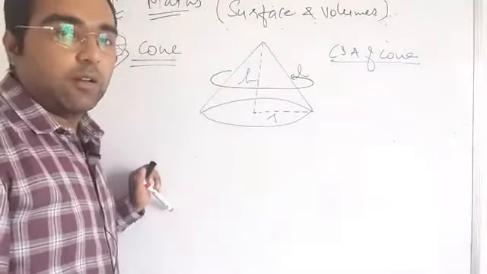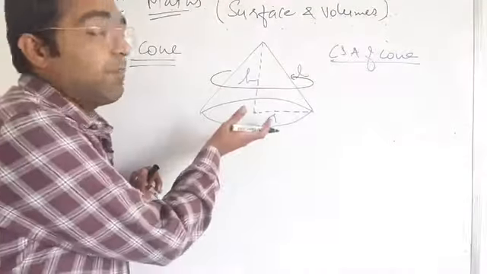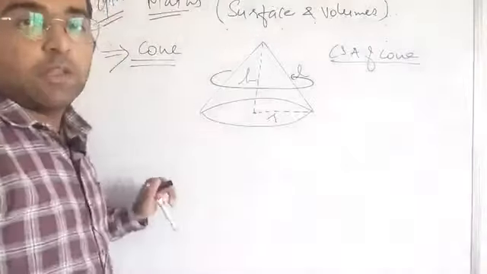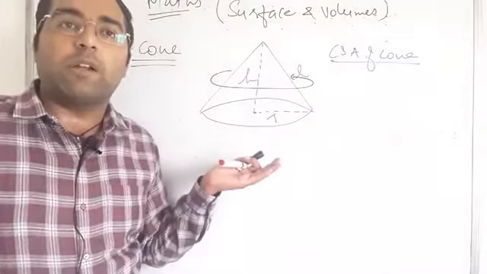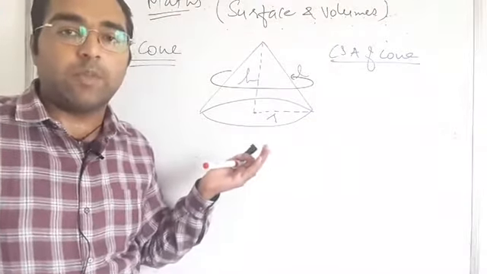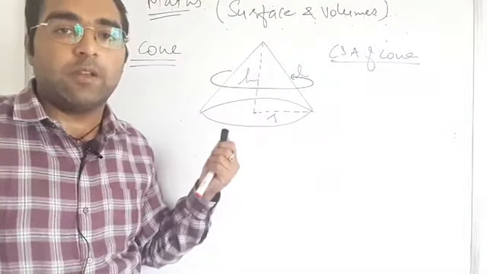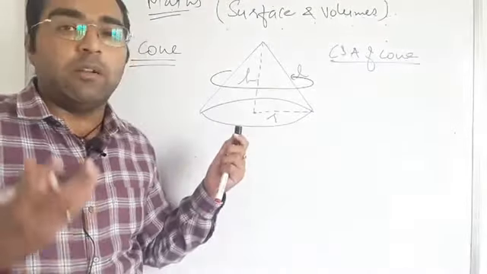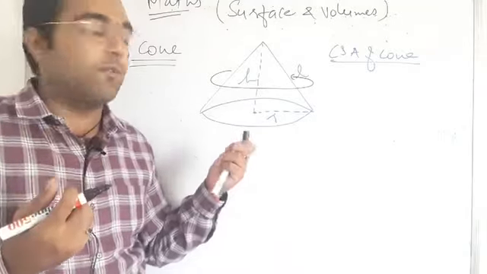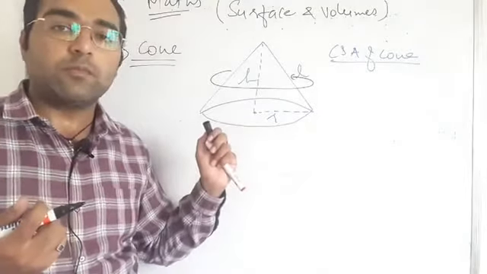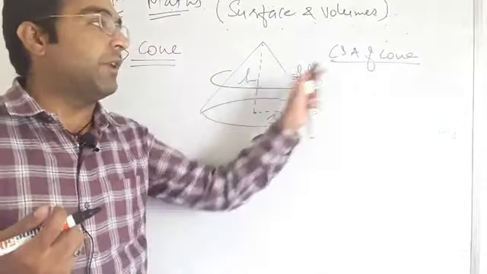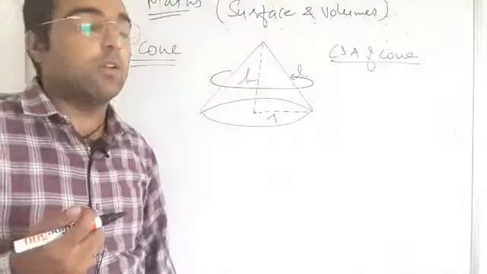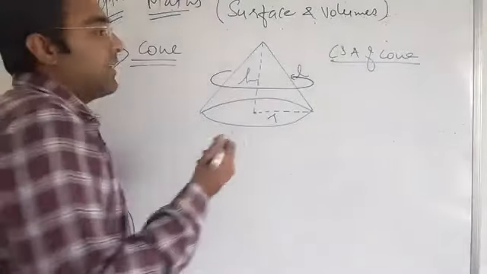Whenever we take the curved surface area of the cone, the base is open. The base of the cone is open like a birthday cap or an ice cream cone. That is an open cone from the base, so for that we take the curved surface area of the cone.